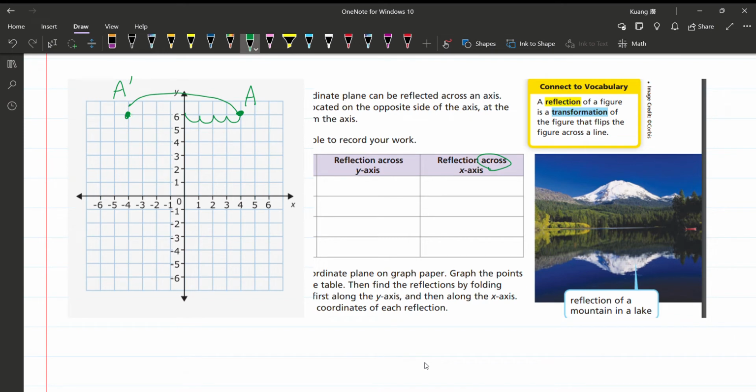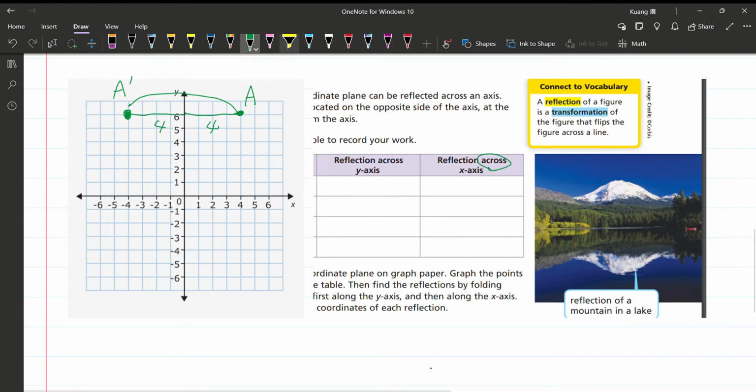The distance from the point to the y-axis must be the same. They both have the same distance to the y-axis, but one is on the right hand side, the other is on the left hand side. So I can say A prime is the reflection of A.